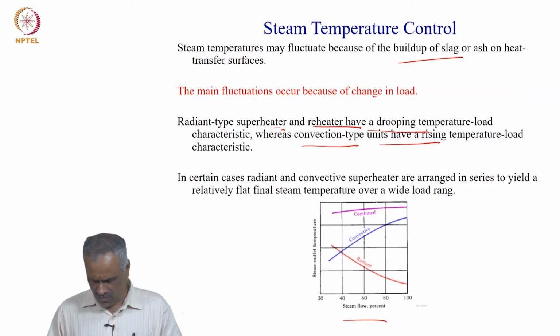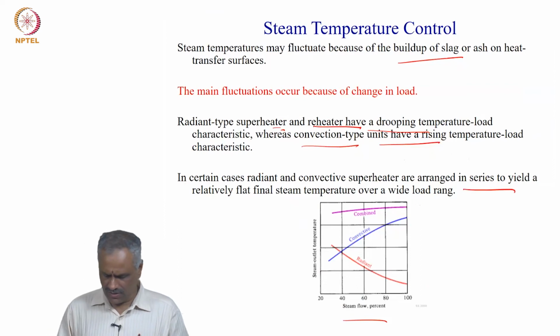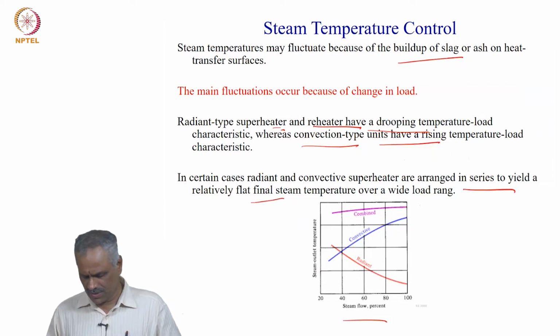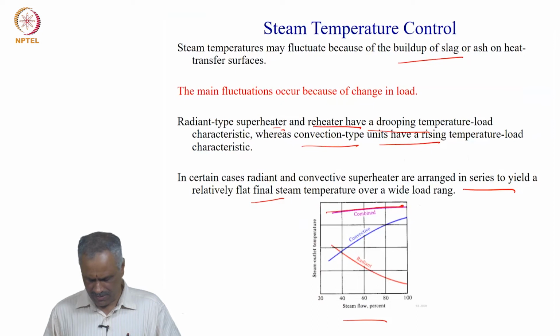Therefore, radiant and convective superheaters have to be arranged in series to yield a relatively constant final steam temperature over a wide range. These two superheaters need to be operated in tandem in such a way that your combined load will be almost flat.